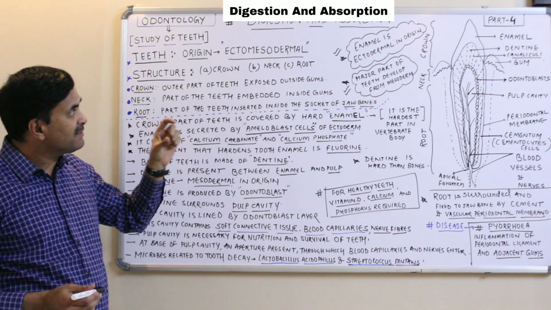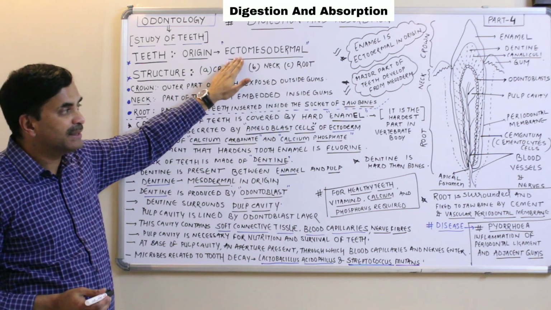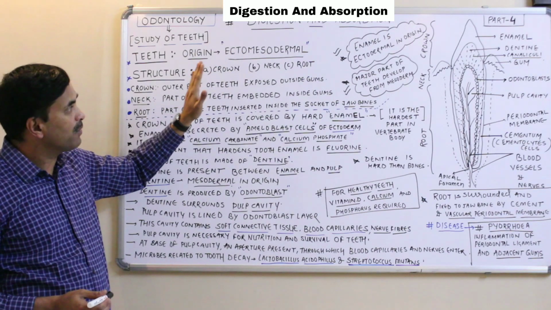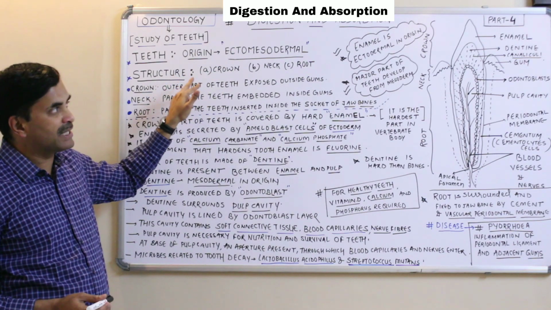So I can say that the origin of teeth is ectomesodermal. Now let's have a discussion on the structure of the teeth.